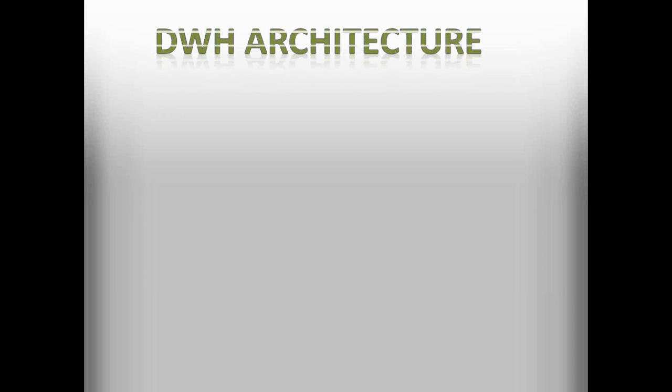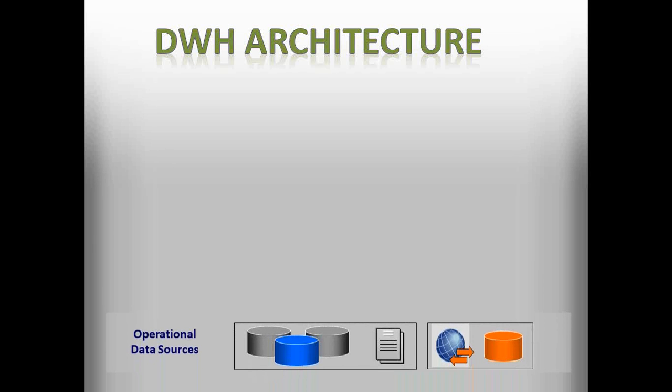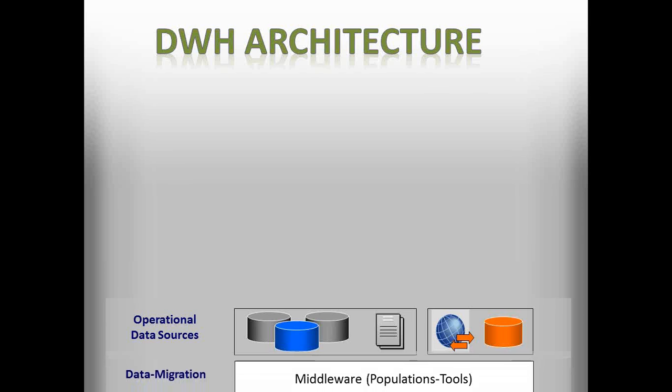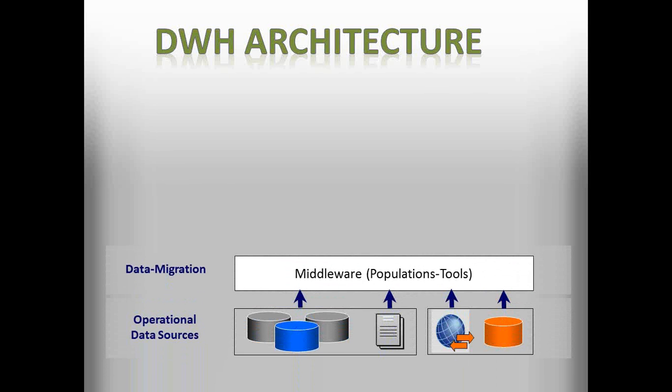This is the data warehouse architecture. It is not specific to Microsoft BI or anything else. It is universal and will be used across all the ETL and reporting tools. The operational source system is the transactional system, called OLTP, Online Transaction Processing system. Then there is the data migration.